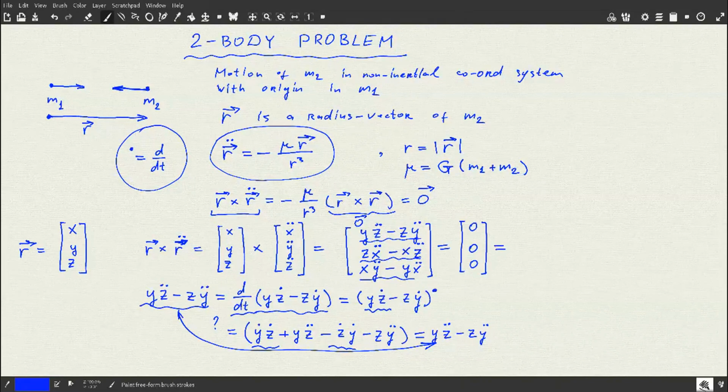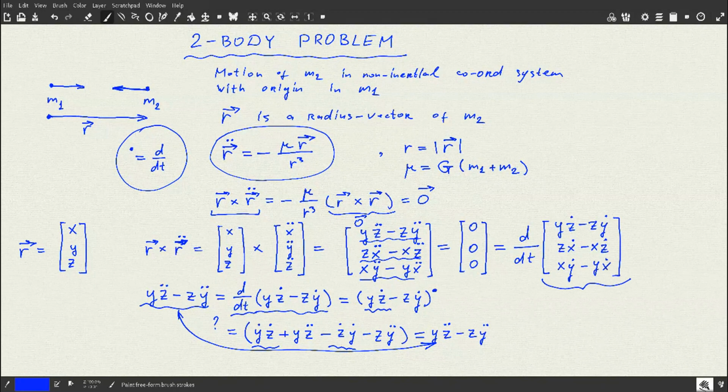So what in fact we get is that this is a derivative over time of the vector: y z dot minus z y dot, here we have z x dot minus x z dot, here we have x y dot minus y x dot.